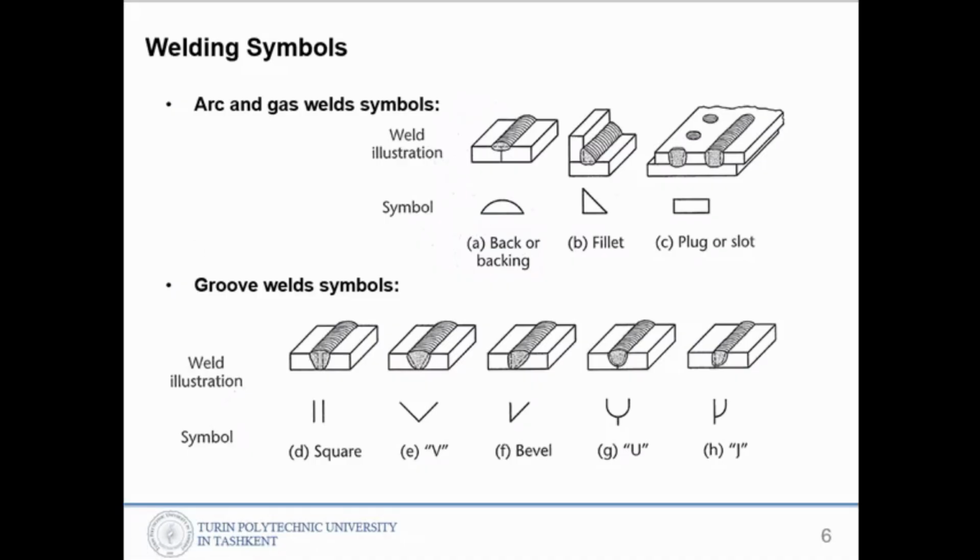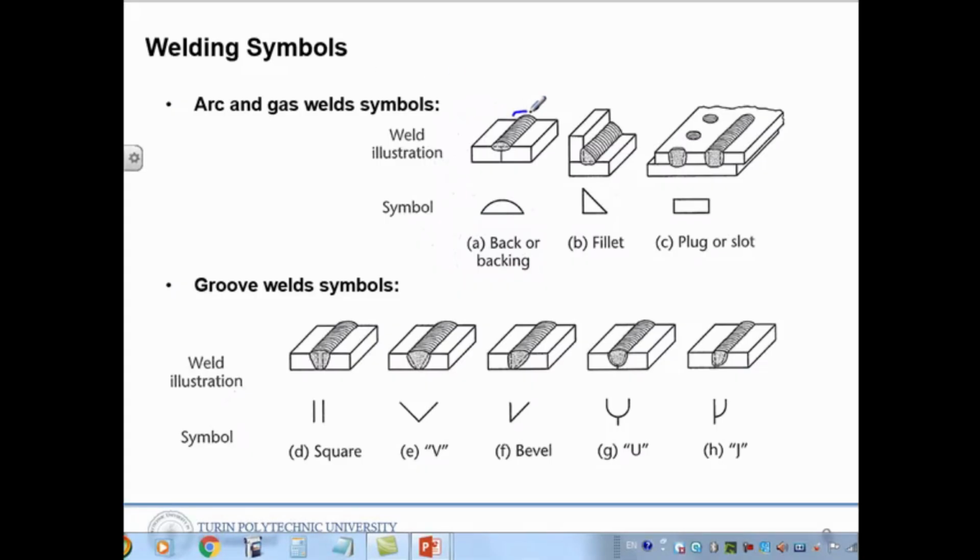Why are we learning this? Because in the drawing we never draw it like in reality. We simplify the drawing and show it with symbols. That's why we need to understand how it should look in reality and how it should be welded.